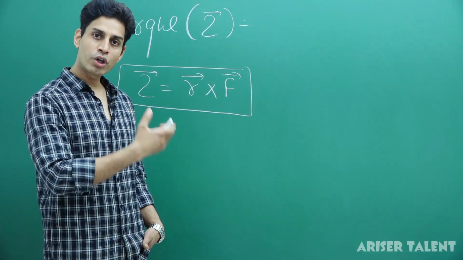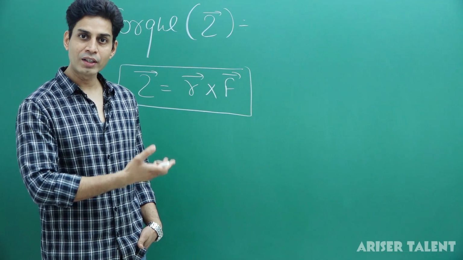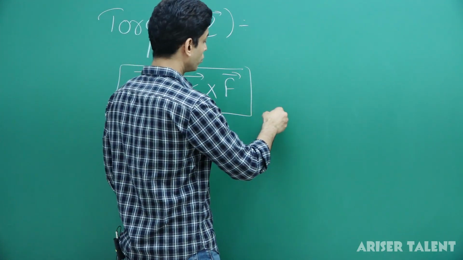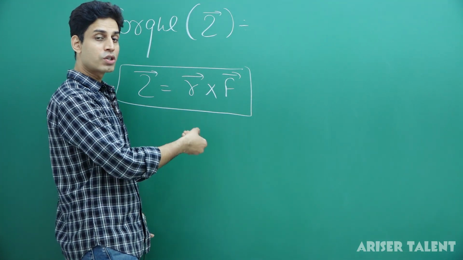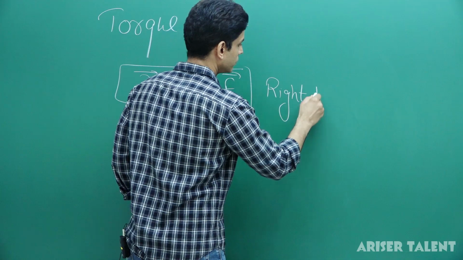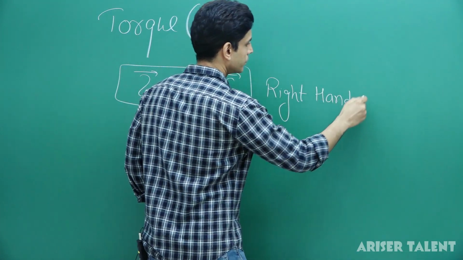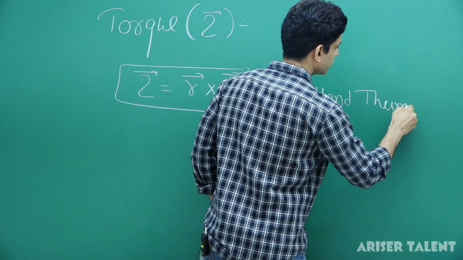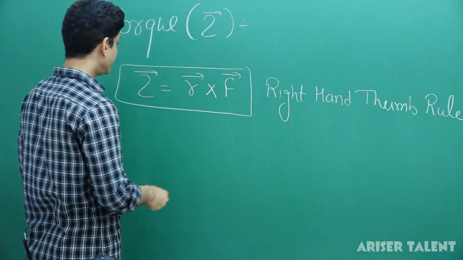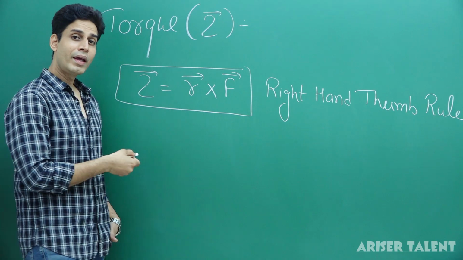Now, as you know that the cross product is involved, so how to find the direction of torque? By using the right hand thumb rule. Right hand thumb rule to calculate the direction of this torque. Now it is an axial vector.